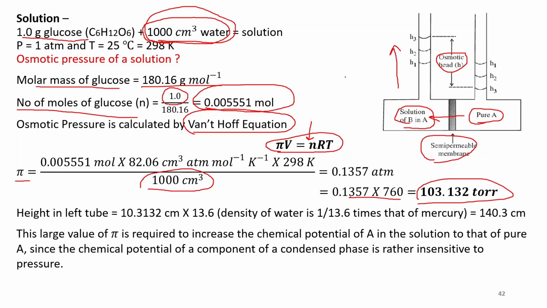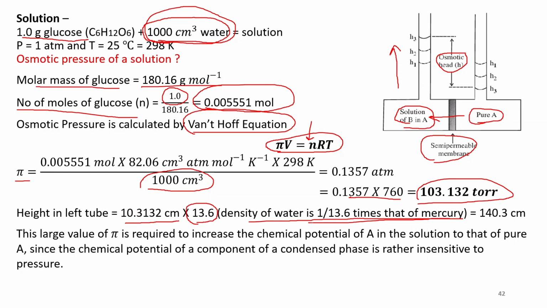So the height in the left tube is equal to 103.132 torr divided by 10, which is 10.3132 centimeter, into the density, 13.6, since the density of water is 1 upon 13.6 times that of mercury. We know that mercury is very dense, so the density of water is 1 upon 13.6 times.